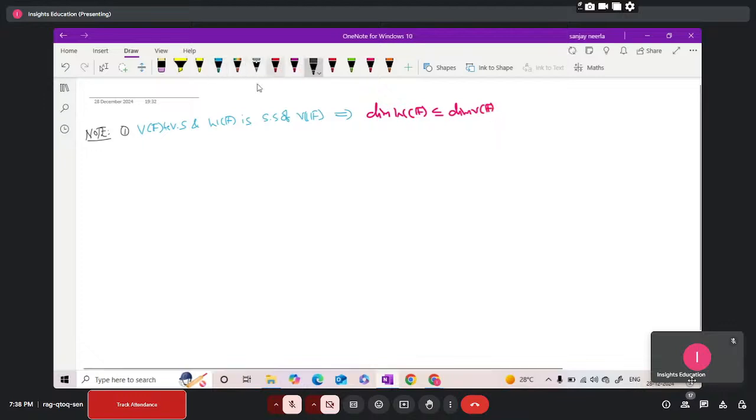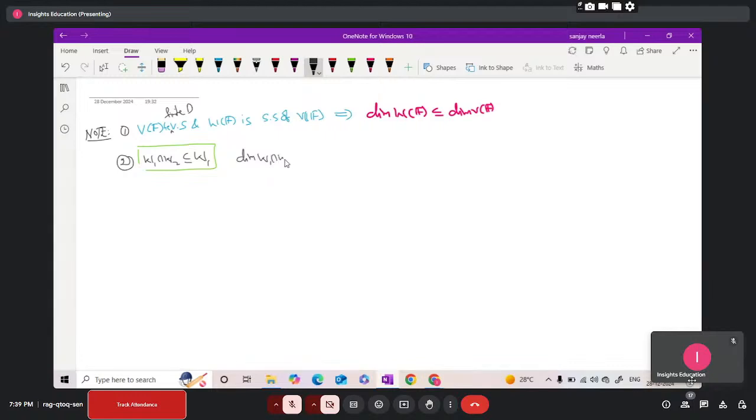Assume this is a finite dimensional vector space. Now come to our actual point. We know that W1 intersection W2 is a subspace of W1. So the dimension of W1 intersection W2 must be less than or equal to the dimension of W1 only.